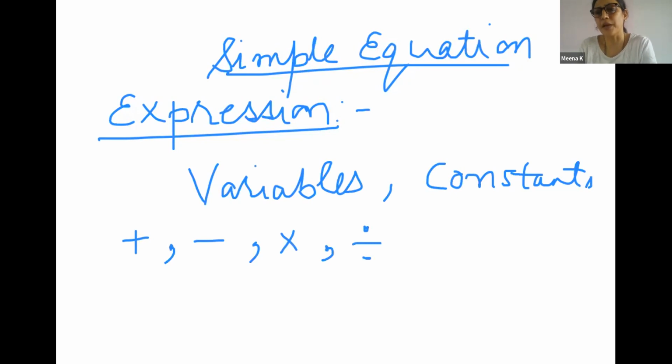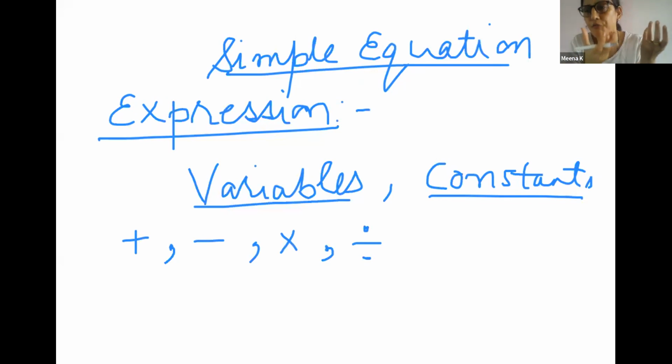So our algebraic expressions, one of you used this term algebraic expression. When we are talking about algebraic expressions, we are using some variables and some constants. The variable, the name itself says something is going to vary, right? So the value of the variables varies, which we have seen in the previous grade already.